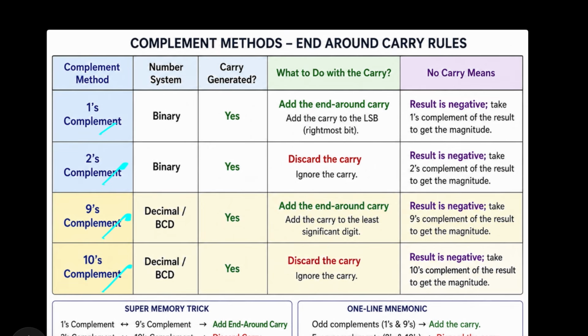So ones complement is just applied for binary. If you are making the ones complement, and if you are getting a carry 1, then it has to be added as end around carry to the LSB. I'll give you a clear example. We have 101. Now, how to perform the ones complement?